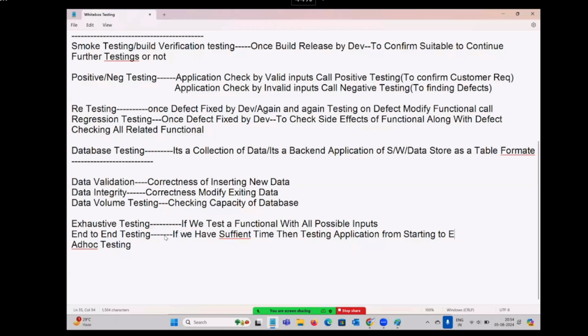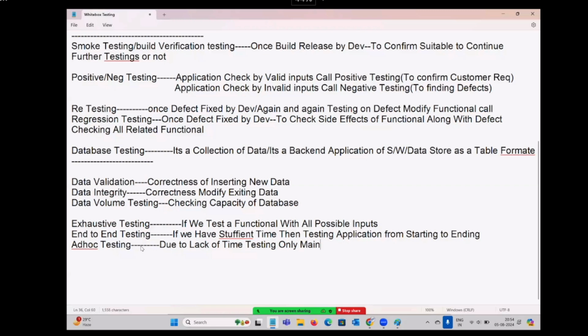If we have sufficient time, then testing the application from starting to ending is called what? End to end. If you don't have sufficient time, due to lack of time, testing only what?